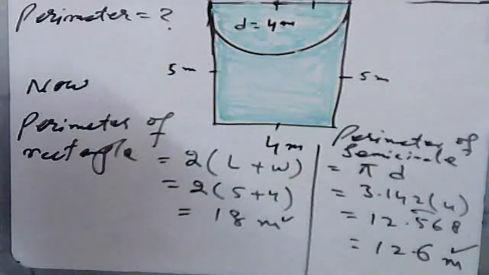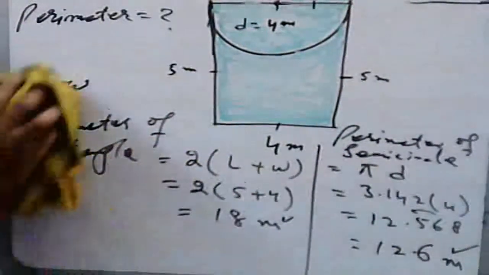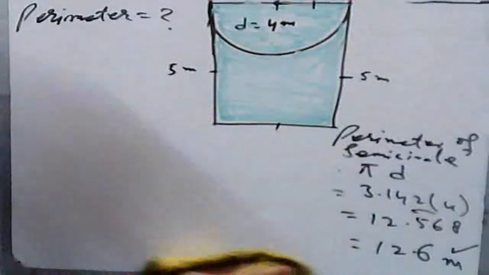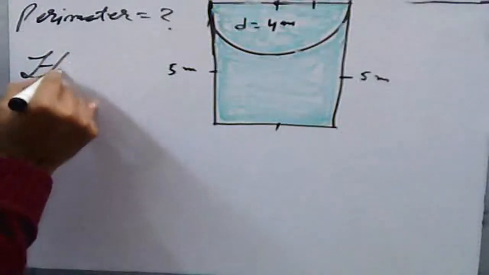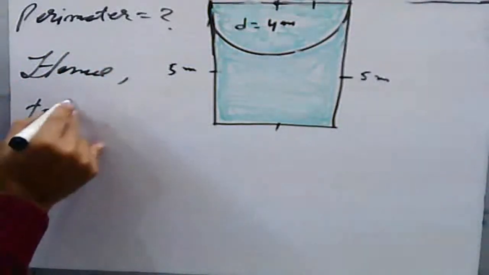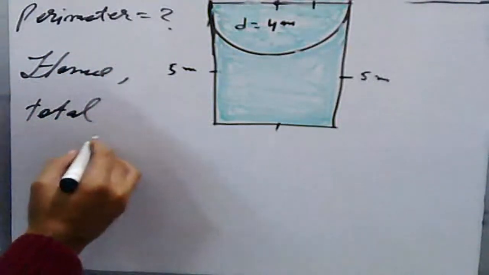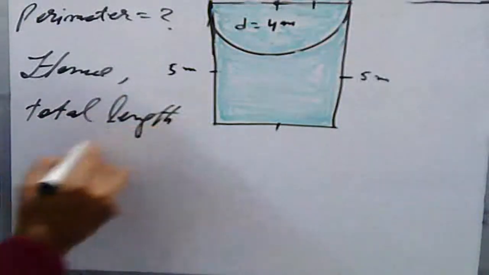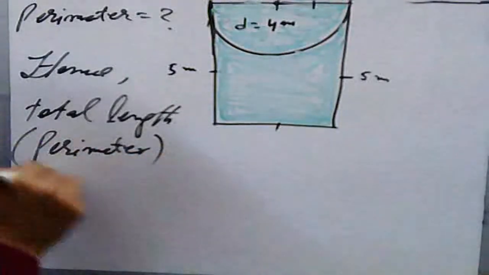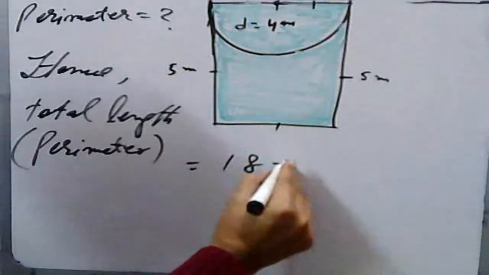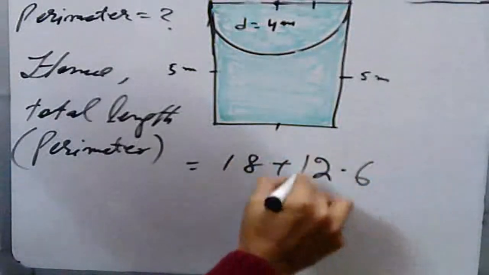So total length will be the perimeter, you just have to add it, very simple. Therefore total perimeter, or total length, is equal to 18 plus 12.6.